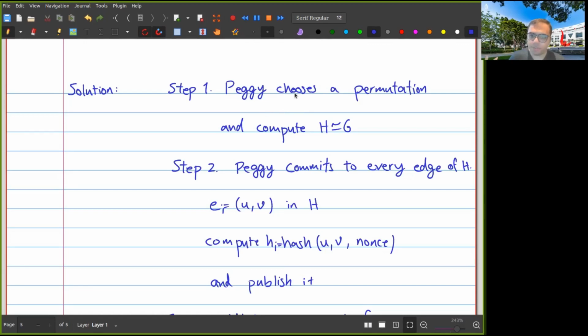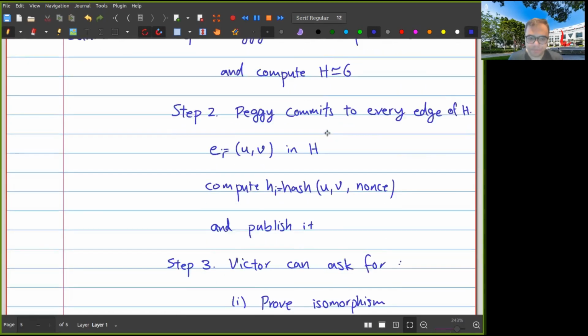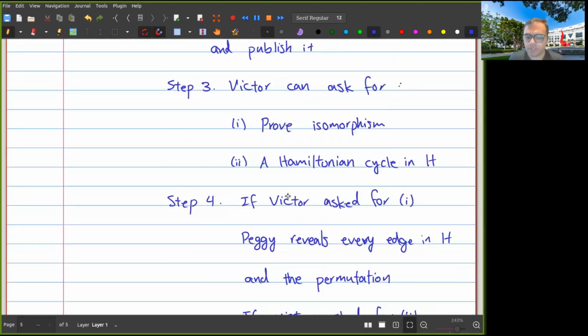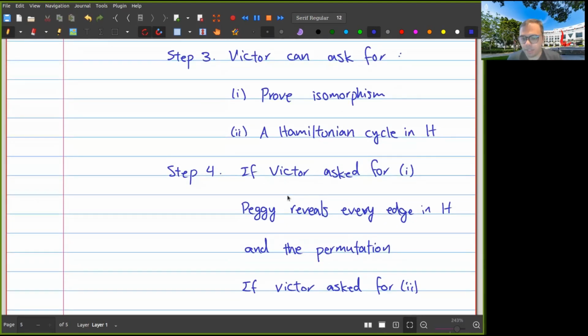So Peggy is choosing a random way of permuting the vertices, and that's how she's computing the graph H. So if Victor asks for a proof of isomorphism and Peggy reveals everything in H, the only thing that Peggy is giving to Victor is a random ordering of the vertices. And that's not any kind of information that is usable at all, right?